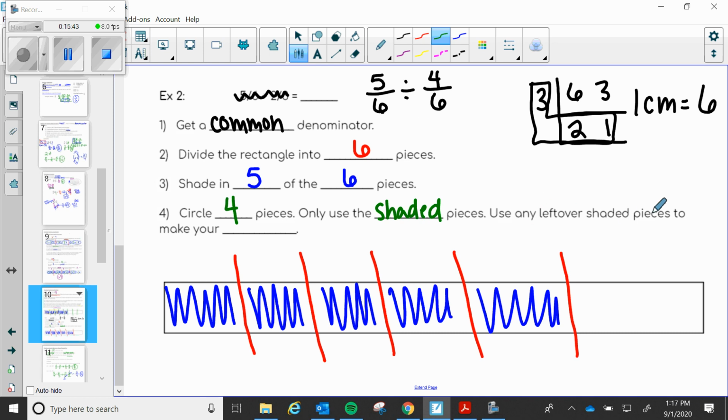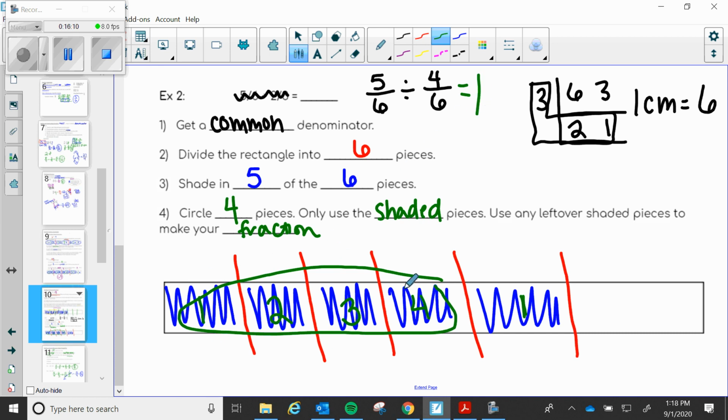And then we use any leftover pieces to make our fraction part of the answer. So we're putting our groups of 4 into the circle, so we've got to make groups of 4. So I'm going to count them out. 1, 2, 3, 4, and I will circle it. And then I have one single left over. So to get my answer, I count how many circles I have.